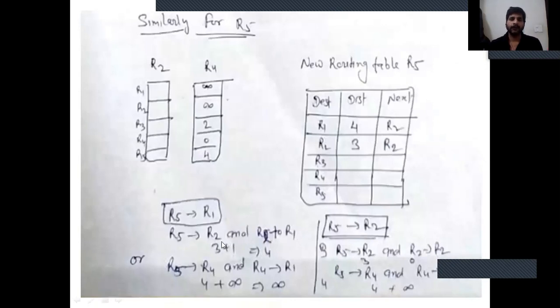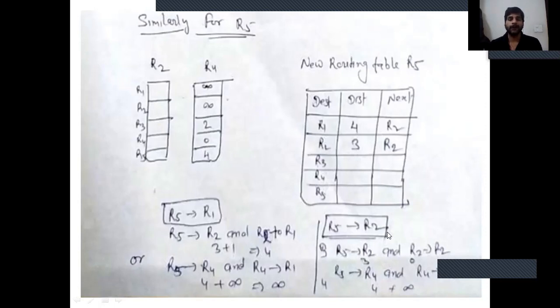R5 to R2 value is 3, R2 to R1 value 1, so the distance equal to 4. Now next, R5 to R1 using R4: R5 to R4 and R4 to R1, value 4 plus infinite equal to infinite. So the smallest value between them equal to 4. So we take the value of R1 distance equal to 4.